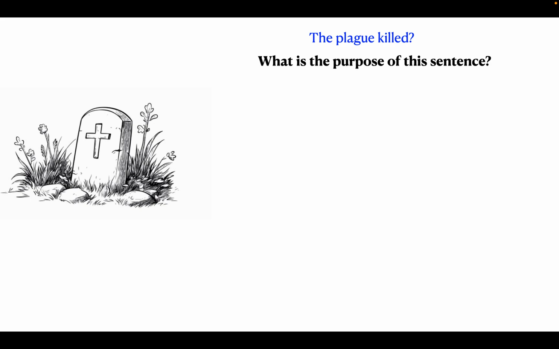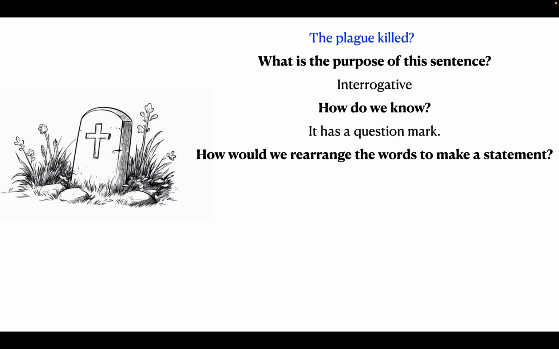So what is the purpose of this sentence? It's interrogative. And how do we know? It has a question mark. How would we rearrange the words to make a statement? We don't have to. We can keep it the way it is and just exchange the question mark with a period to make it a declarative sentence.